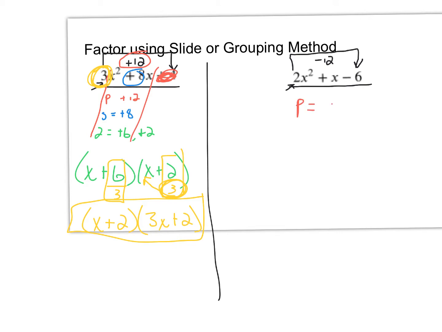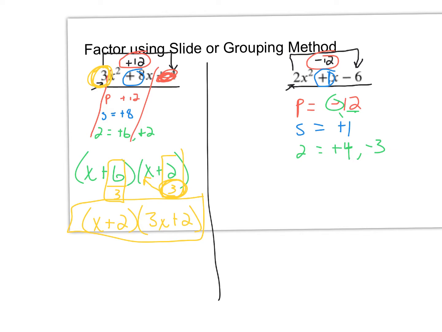Our product is the negative 12 that I got from here. The sum, again, the number I see here is positive 1. So the 2 numbers that multiply to 12 but subtract to 1 are positive 4 and negative 3.